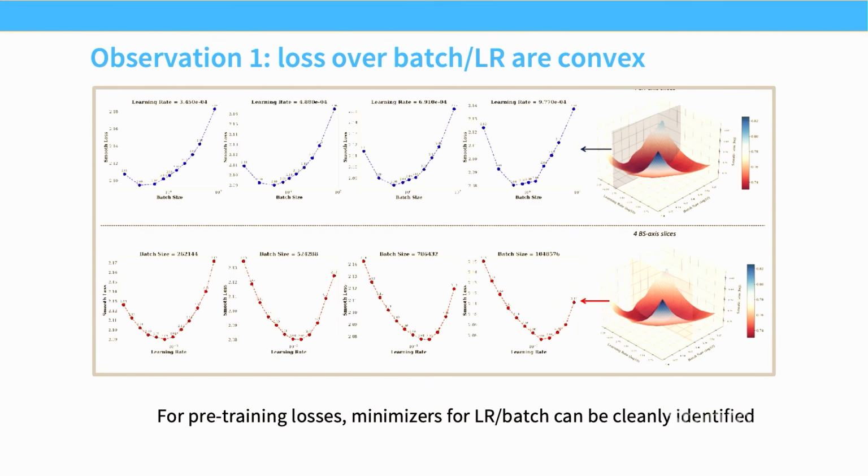Now, we see that each slice, if you fix a batch size or fix a learning rate, is nice and convex, and it's almost even smooth. This is quite nice because it means you can search for the optimal hyperparameter fairly nicely, and you can be confident that the minimum is not too far off. If this was very jaggedy, you might have some very serious doubts about whether this program of gridding the space is even viable. Also, this should maybe give you some nice intuition about the smoothness of the hyperparameter space in general.